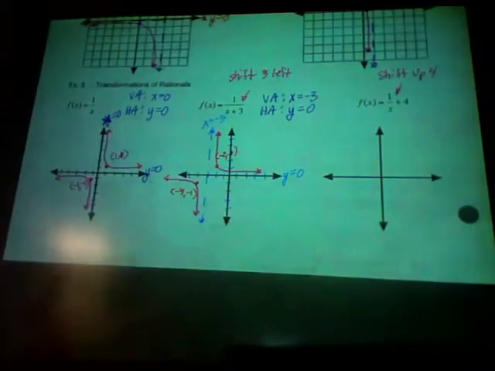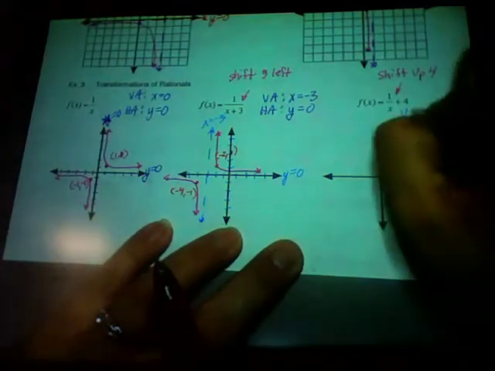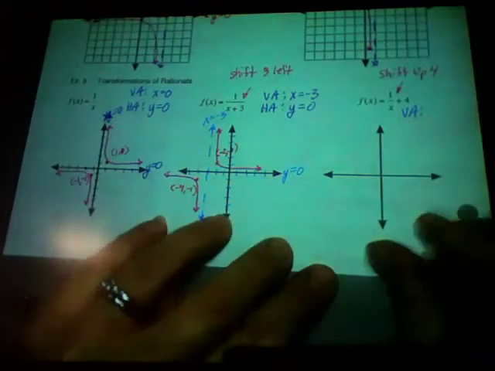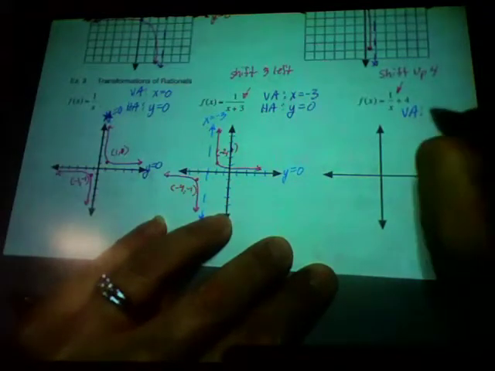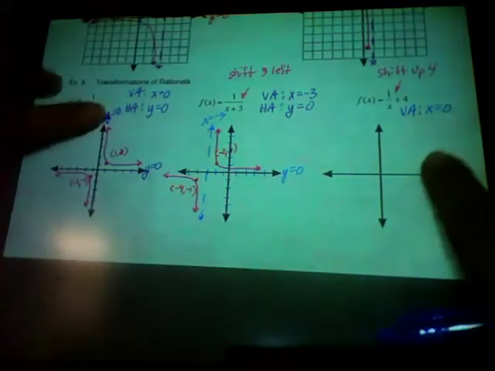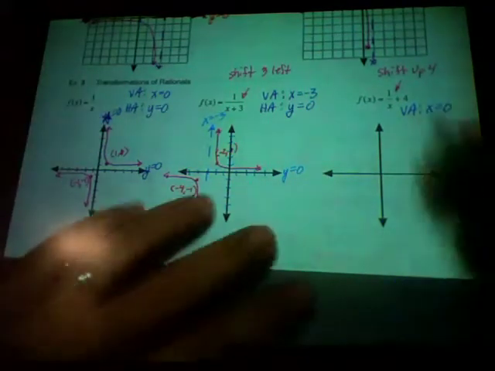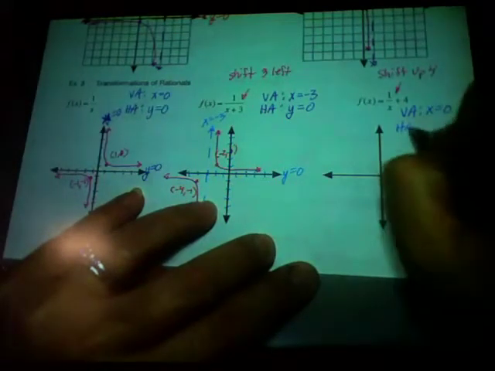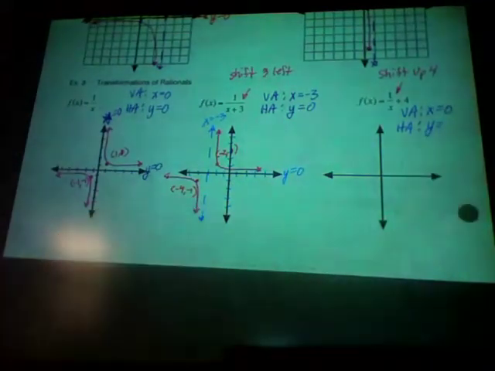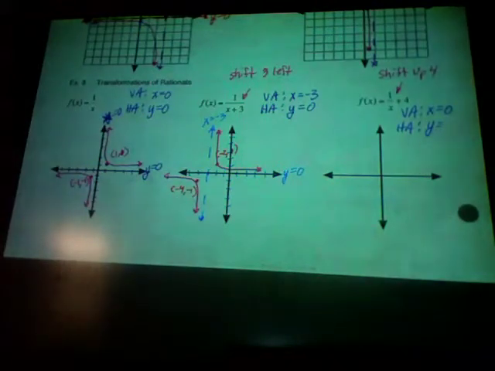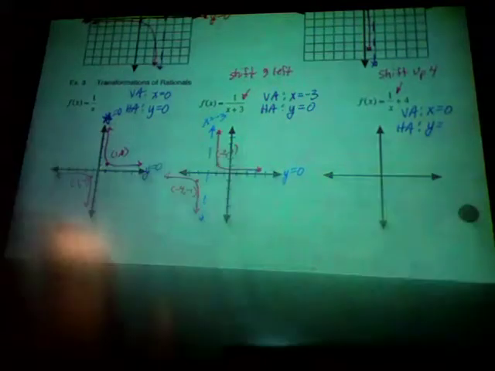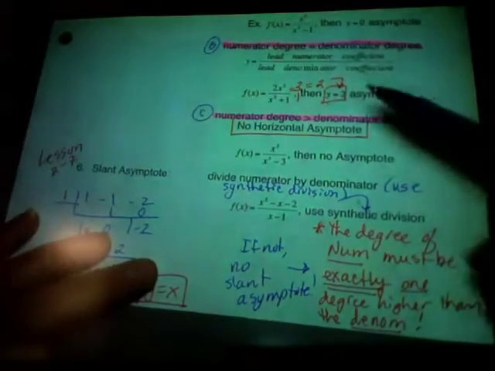So, a vertical asymptote. What can x not be? 0. So x is equal to 0. So from the original one over here, has the vertical asymptote changed? No. What about the y asymptote, the horizontal asymptote? What's the degree of the numerator? 0. And the degree of the denominator is 1. So it still appears like you have this one here.